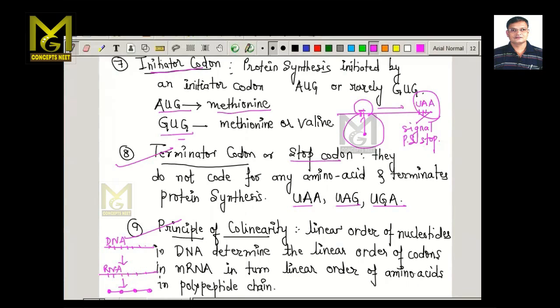So the linear order of nucleotides in the DNA determines the linear order of RNA, and in turn the codons determine the linear order of proteins, that is, the linear order of amino acids. That is referred to as the principle of collinearity.